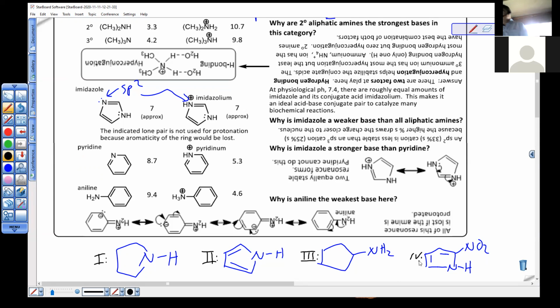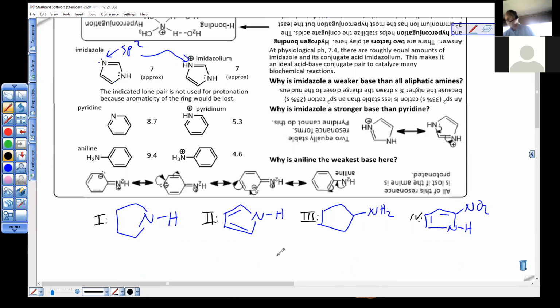We didn't even talk about this one. If I had to put this on this page at all, and there's a reason it's not on the page, it's called pyrrole. And not only does this nitrogen have to be sp2 to resonate with the other pi electrons, that lone pair is absolutely essential for what we call aromaticity.